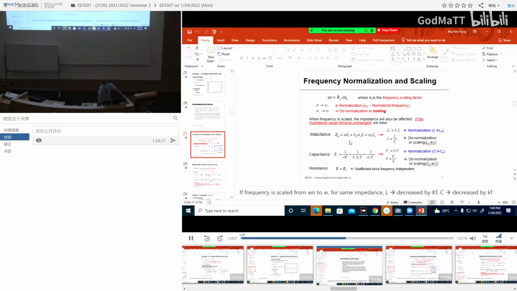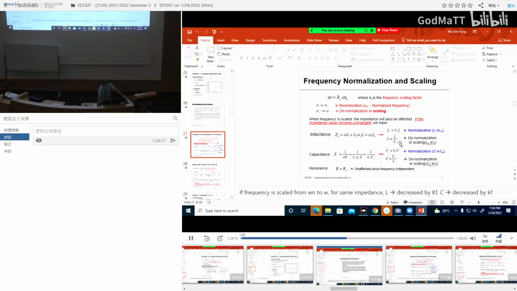For example, if I have an inductor, the impedance is omega L. Now if I express the omega in terms of normalized, it becomes Kf omega n L. That means I can treat this as normalized parameters, omega n and Ln, where Ln equals the frequency scaled version of L. That's normalization.